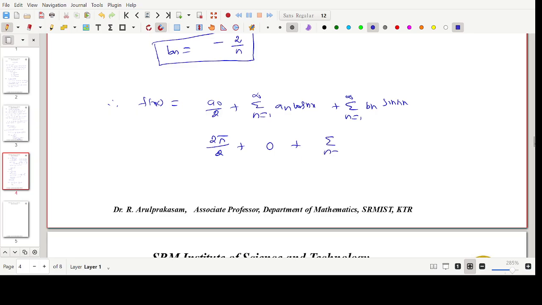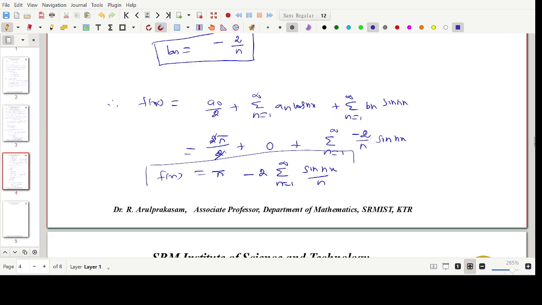Minus summation n is equal to 1 to infinity, bn value minus 2 by n sin nx. So I am simplifying these things. So 2 cancel. So I am getting pi minus 2, which is constant, taking outside, summation n is equal to 1 to infinity, sin nx divided by n. It is the Fourier series representation for the given function.